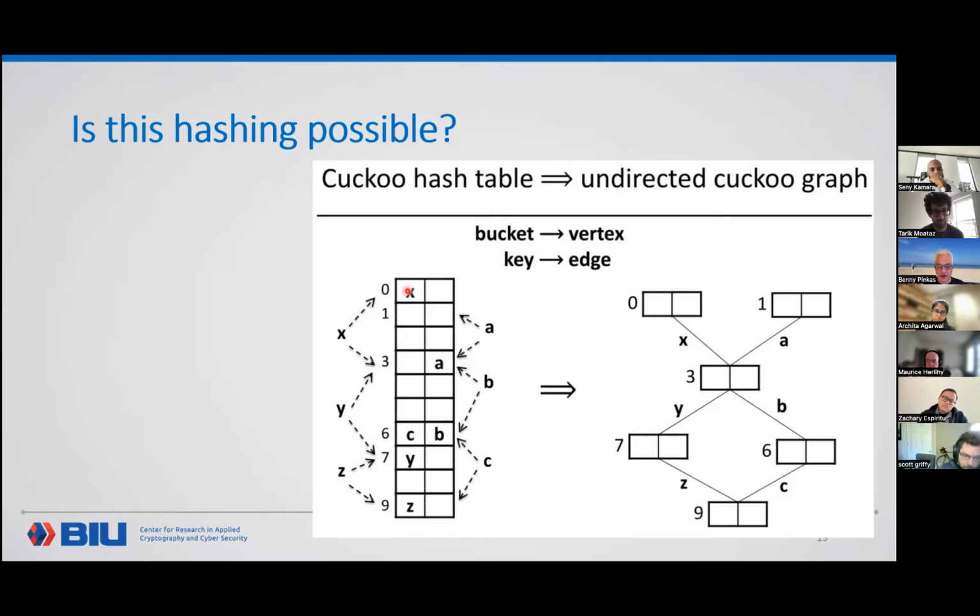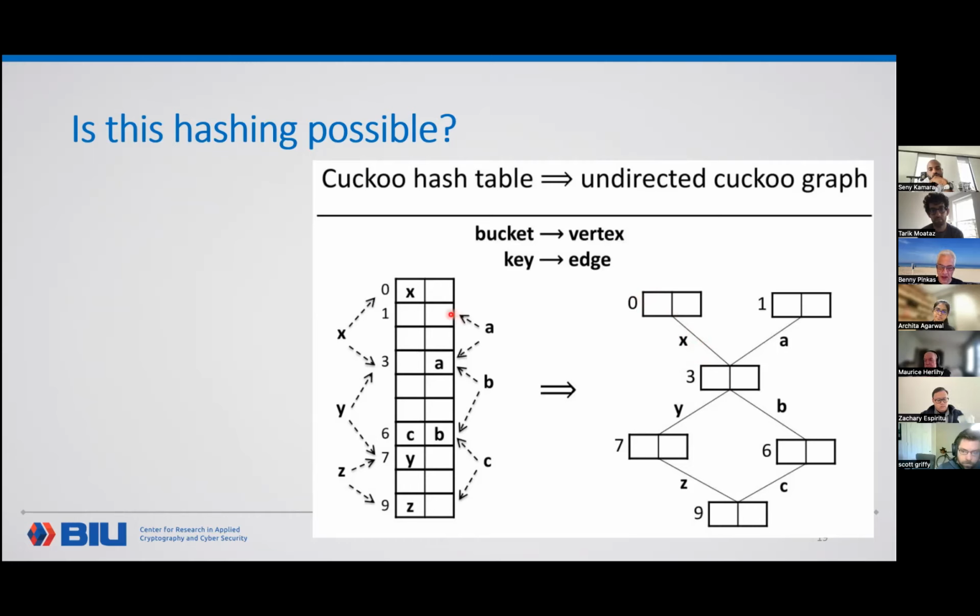Each location in the table corresponds to a node, and an item which is mapped to two nodes is essentially an edge between these two nodes. So if X is mapped to node 0 and node 3, we have an edge between 0 and 3.